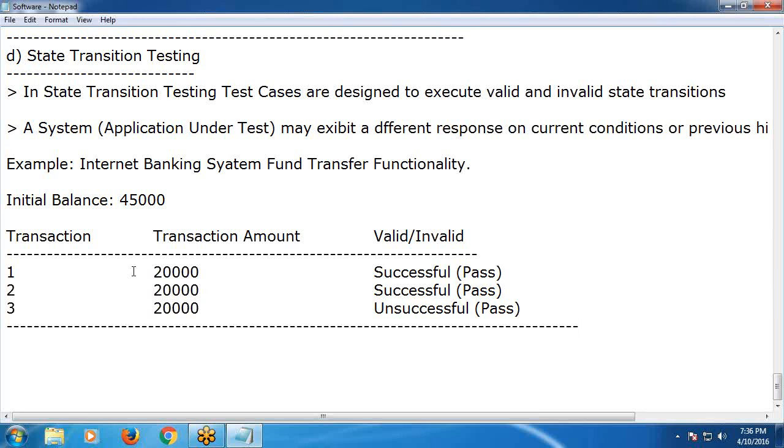See, generally, if we provide same input, same operation, expected also same, but here not like that. Based on the state, suppose balance 45,000, first transaction 20,000 successful, second transaction also successful, third transaction unsuccessful means pass.